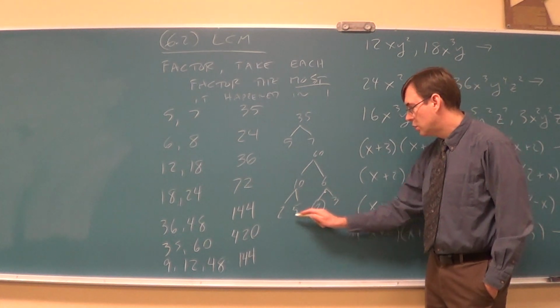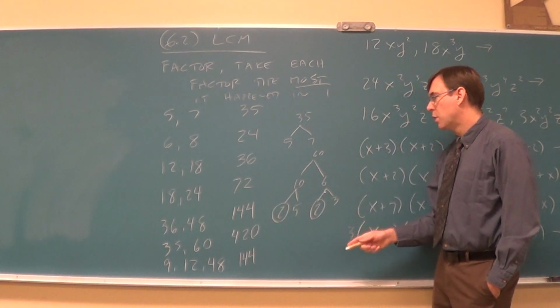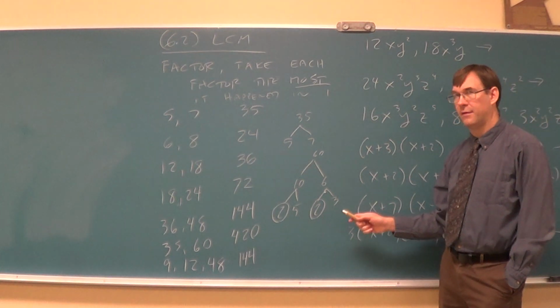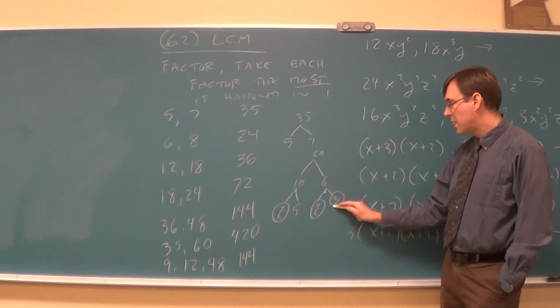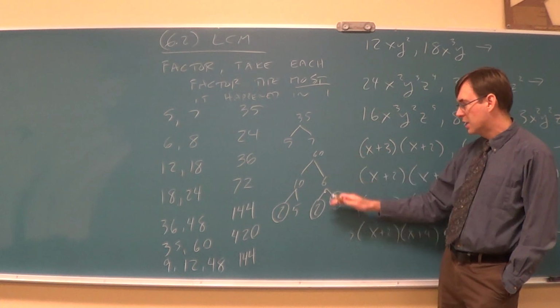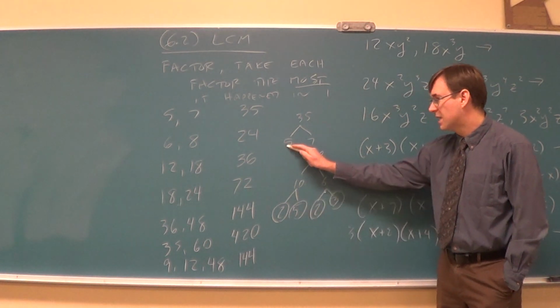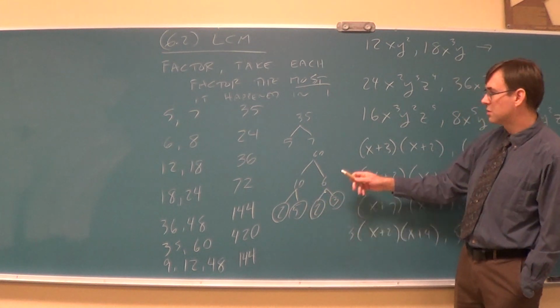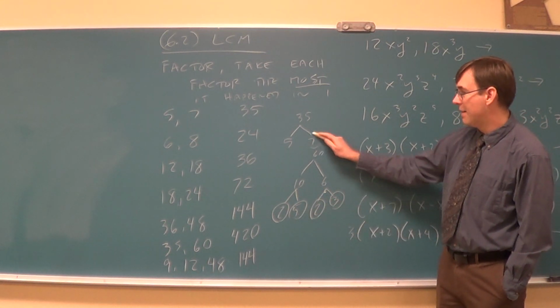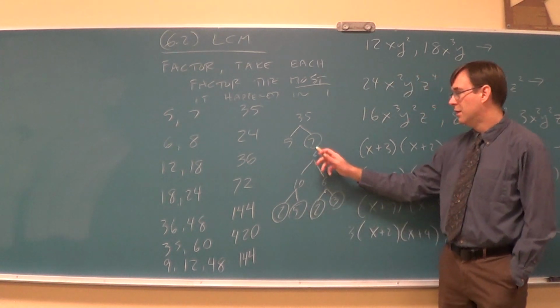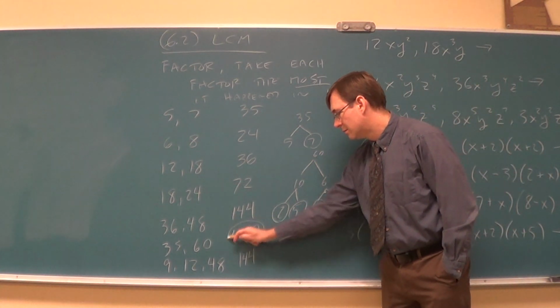So this has 2 2's, so we would need to multiply 2 2's eventually. What else do we have? A 3. The most we ever saw is a 3 in one of the answers, so take a 3. Take a 5. This has a 5, this has a 5, take a 5. We also have to take a 7. If you took 2 times 2 times 3 times 5 times 7, you would get 420.